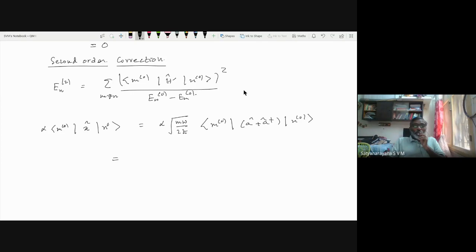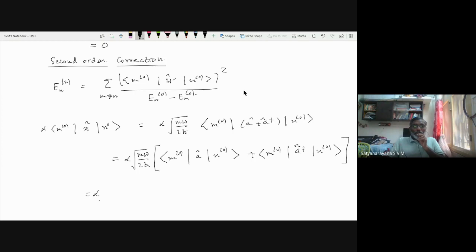Here m is of course arbitrary. So that is equal to alpha root m omega by 2 h bar into m0 a acting on n0 plus m0 a dagger acting on n0. I could have written it like that.